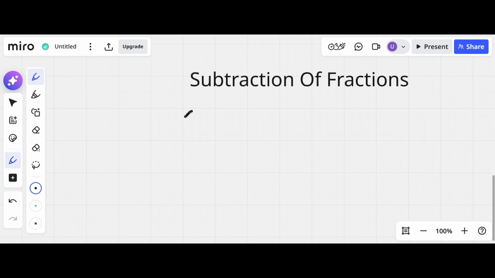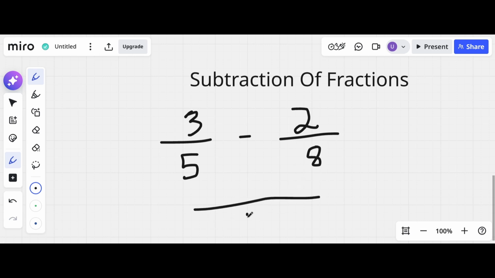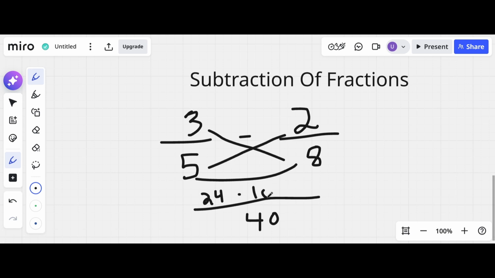Both bottom numbers get multiplied: 5 times 8, 3 times 8, which is 24. 24 minus 2 times 5, which is 10.